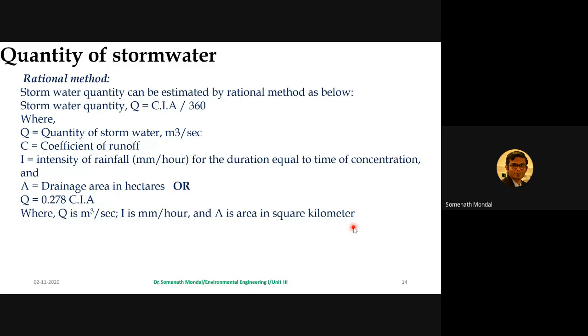You cannot tally your answer with your friends, and at that time you will make mistakes. That is why I try to stress these small details, which are actually very important. All these units should be remembered before utilizing the rational method for calculation of the quantity of stormwater.